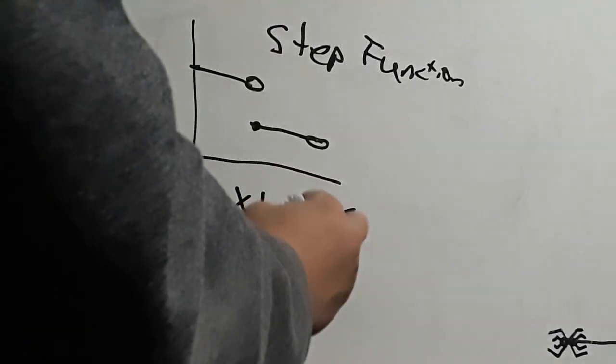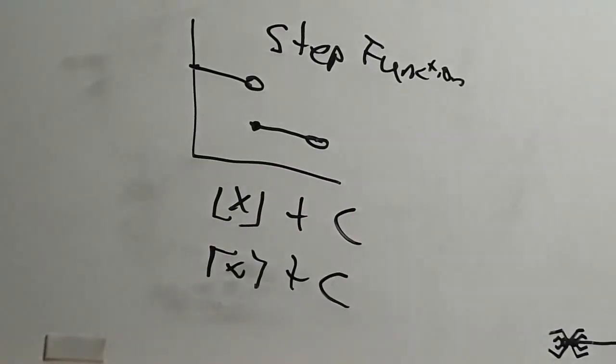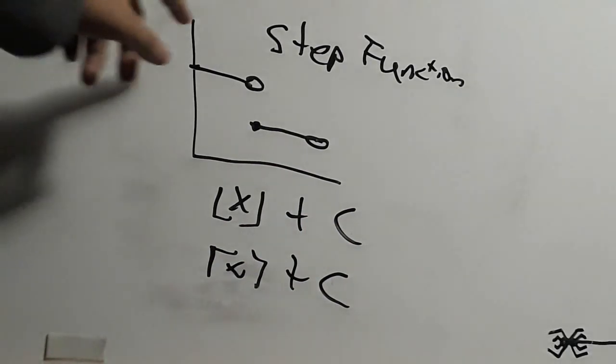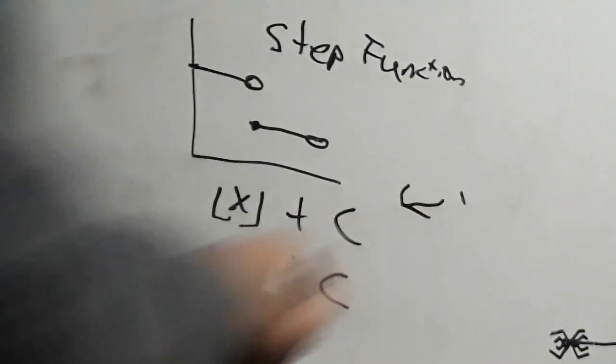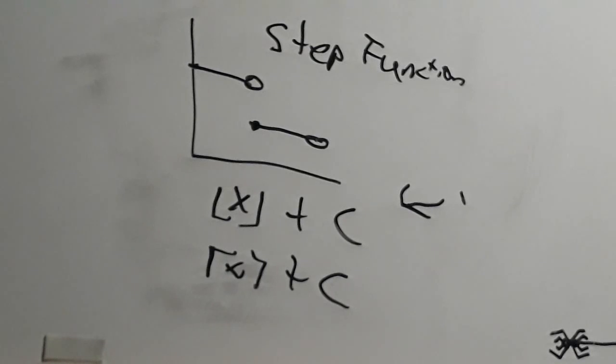Alright, so you have plus c, and then you can move this up and down or whatever. Alright, so it's always going to be on an interval that goes straight left from, like, let's say x plus any number that's a decimal.